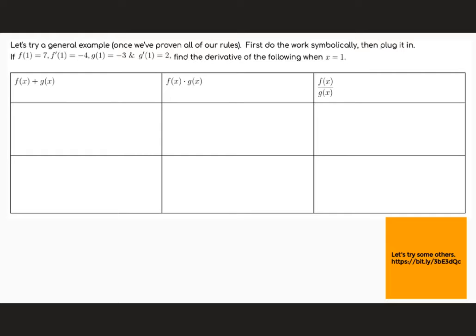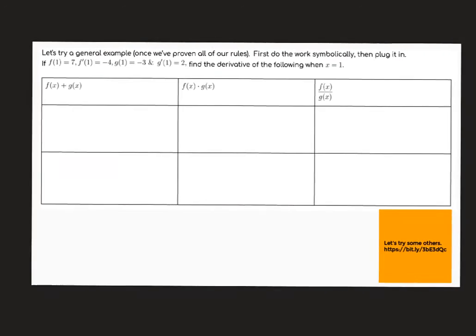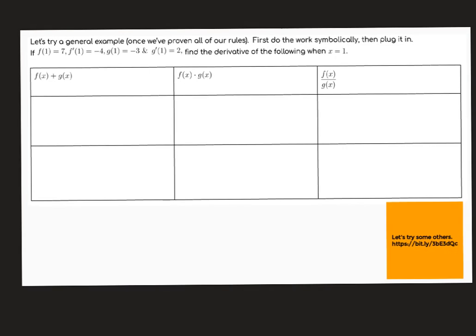The language here is a little bit hard to parse, but it's not all that scary once we kind of figure it out. So we're dealing with trying to find the derivatives of each of these things at the point where x equals 1. And these are our basic derivative rules that we've just uncovered. So this would be f prime of x plus g prime of x.